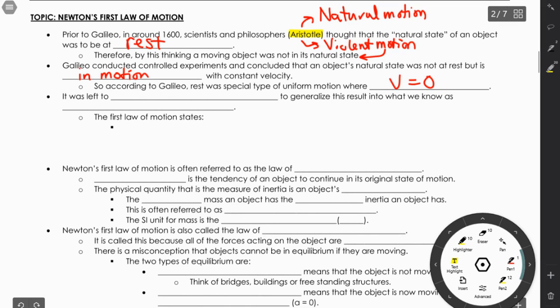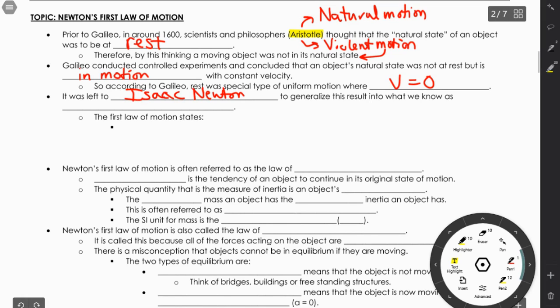So it was natural for objects to be moving, and rest was a special type of motion where the velocity is equal to zero. Now, Galileo and Aristotle didn't necessarily write this down or generalize it, but that was left up to Isaac Newton.